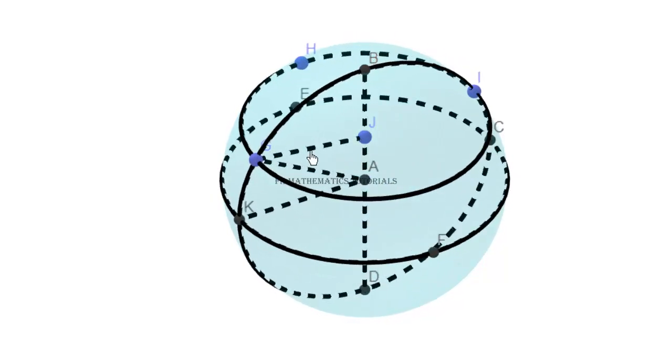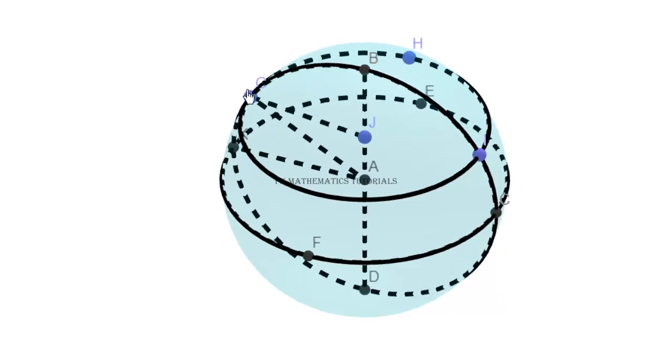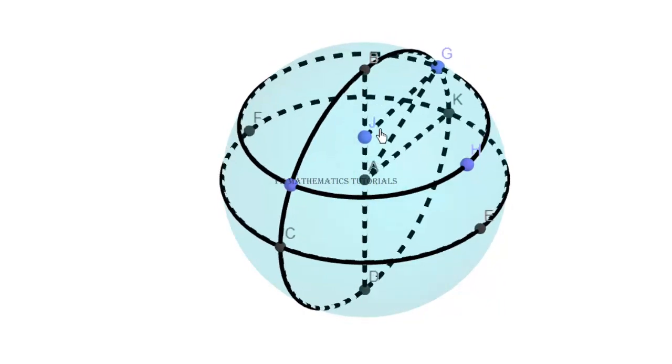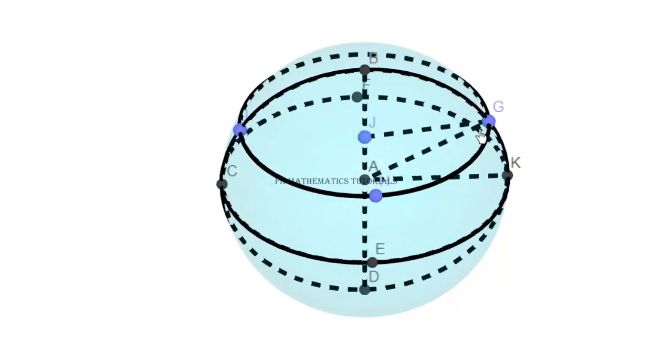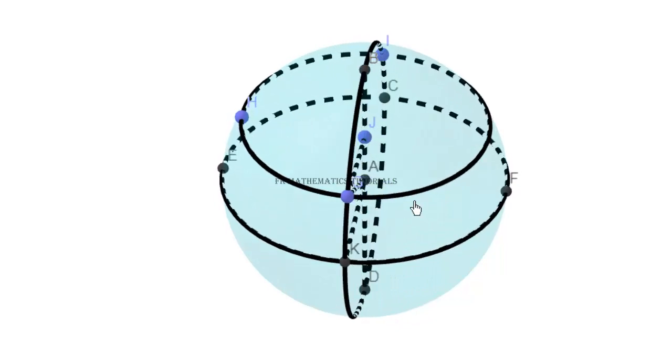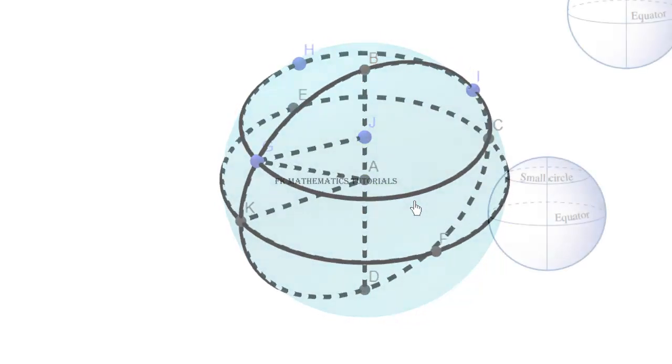Now we can pick triangle JGA, to get something like this. So we have something like this.